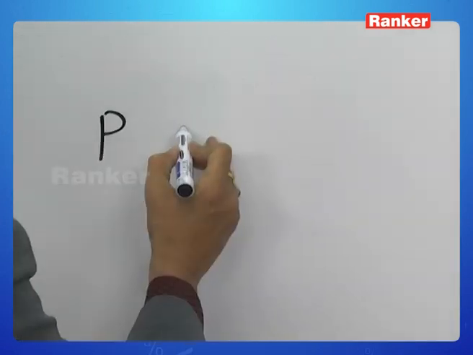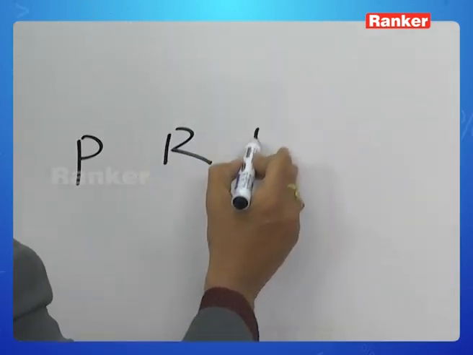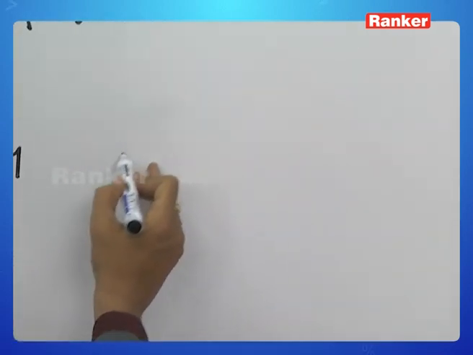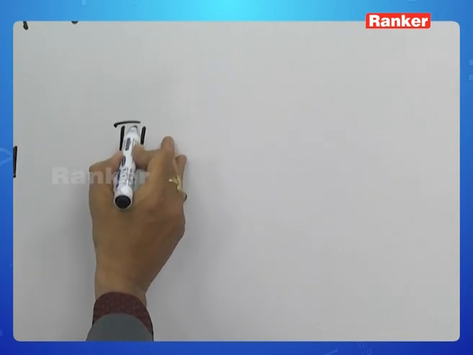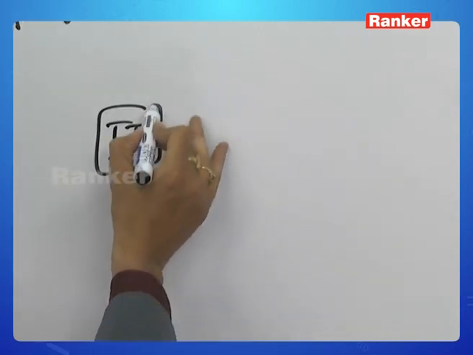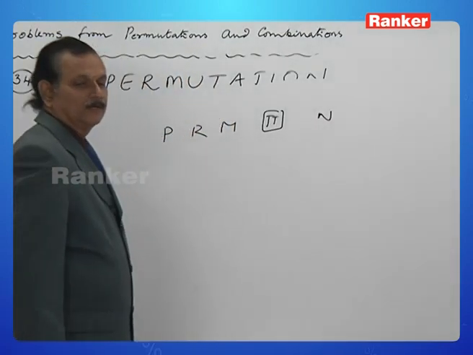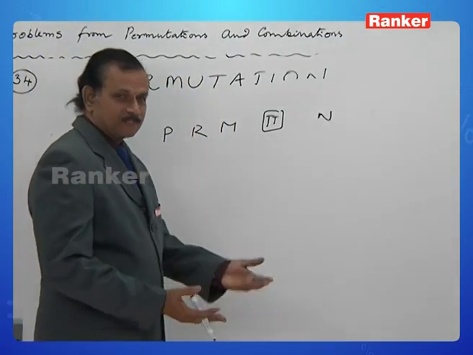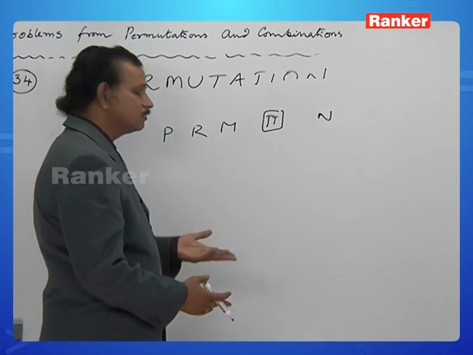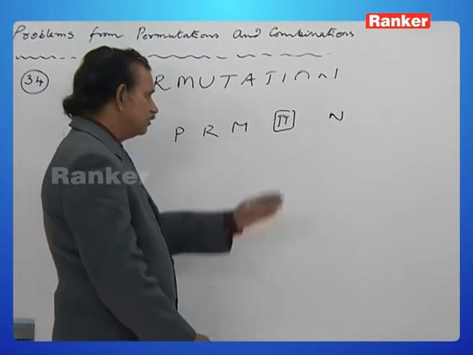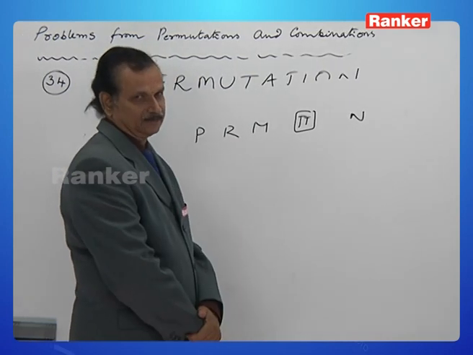P, R, M, T, N. We like to find the permutations in which these two T's come together.